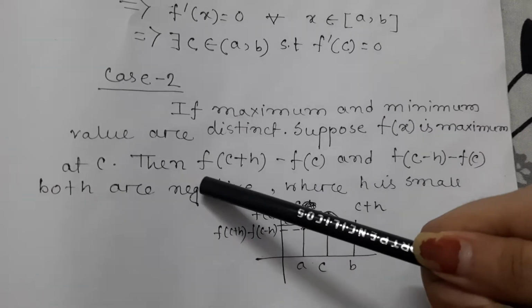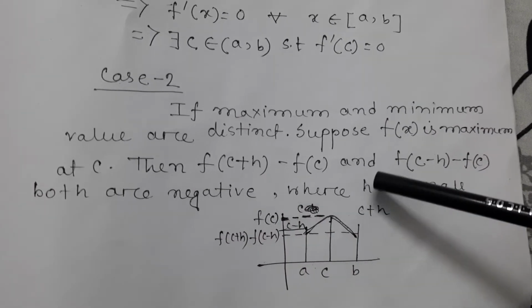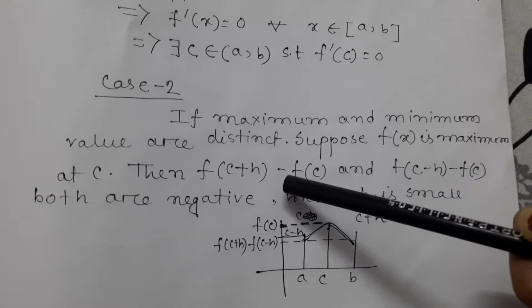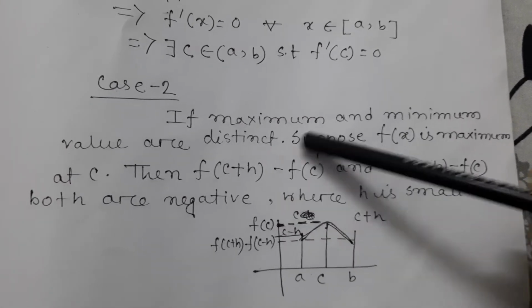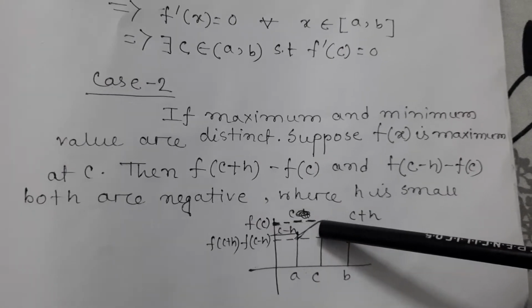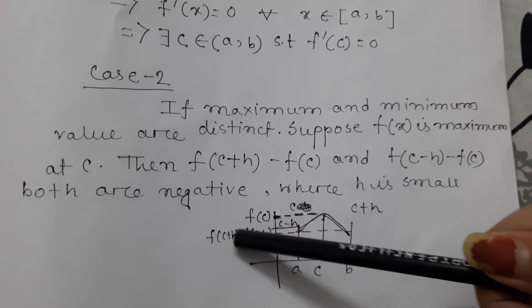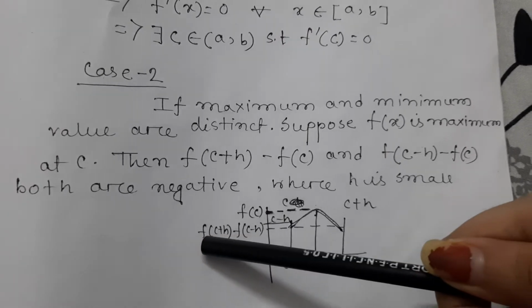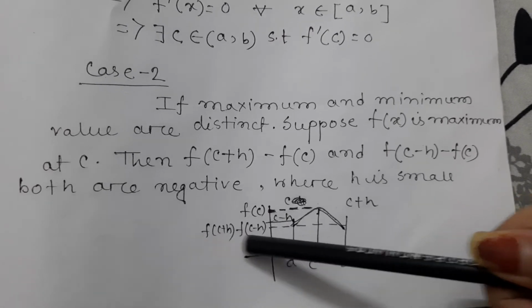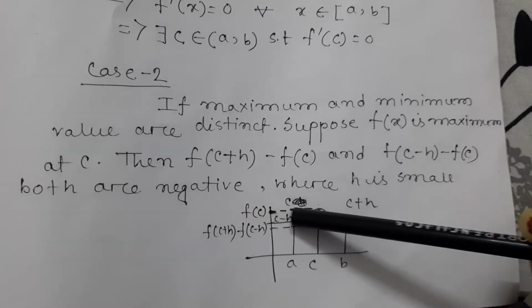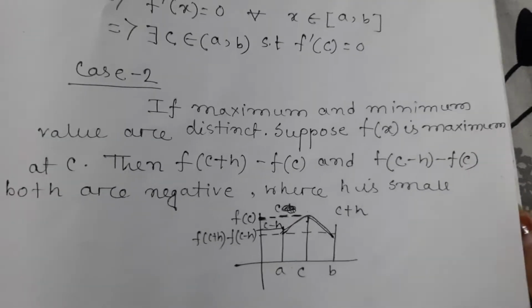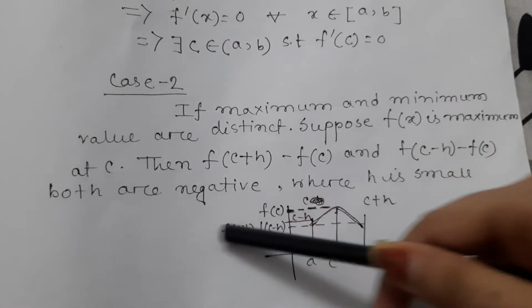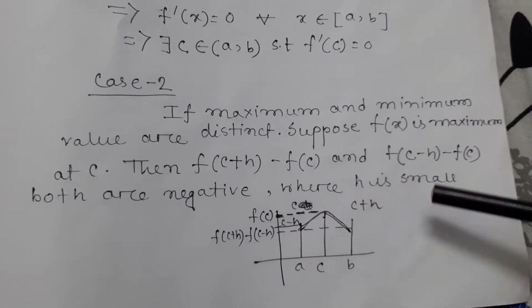Because f(c+h) and f(c-h) both are lesser than f(c), since f(c) is the top. So both are negative where h is small.